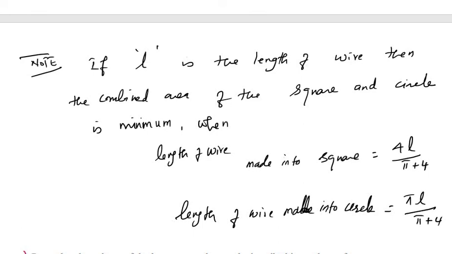That's all. This is the result from here. For any problem, if we apply it, we can check our answer easily. Understood? We can check our answer easily. This is the length of wire made into a circle. Okay. Now we'll go for the next sum.